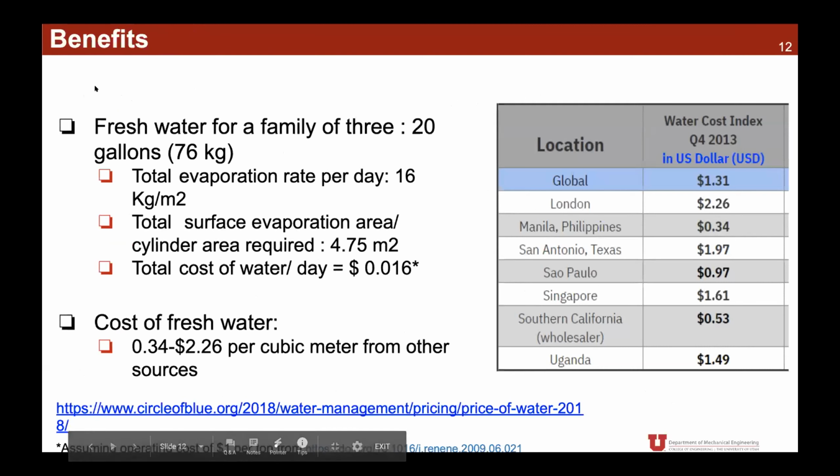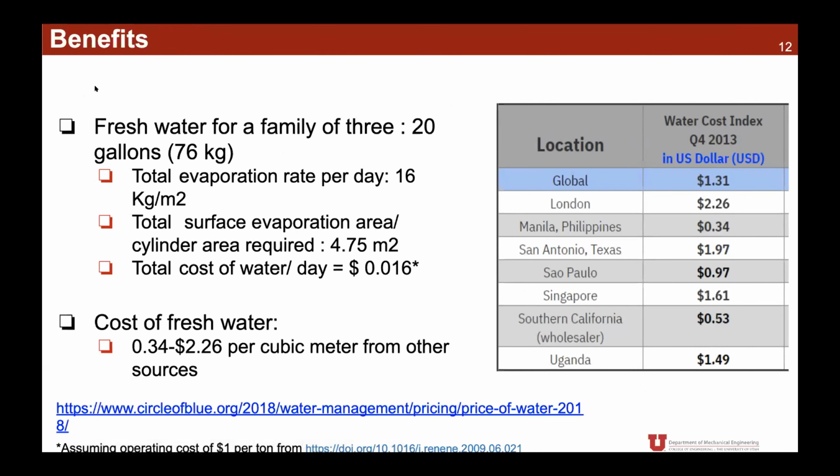So if we look at the benefits, some of the benefits of using this system with the solar steel is that first of all, let's think that a family of 3 needs 20 gallons of fresh water every day. So for that, with the evaporation rate that we have, it has to be a 4.7 meters square of a total evaporation area, which would mean the system would be at least 4 meters square, which is not that big.